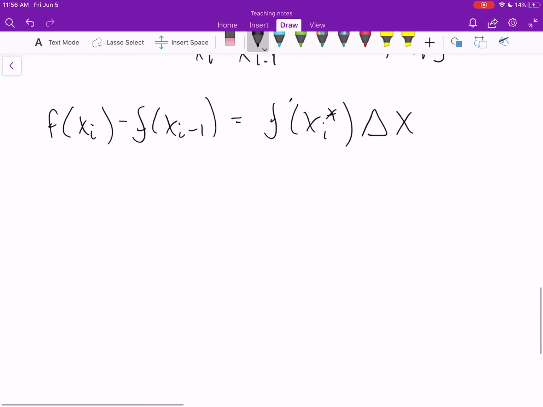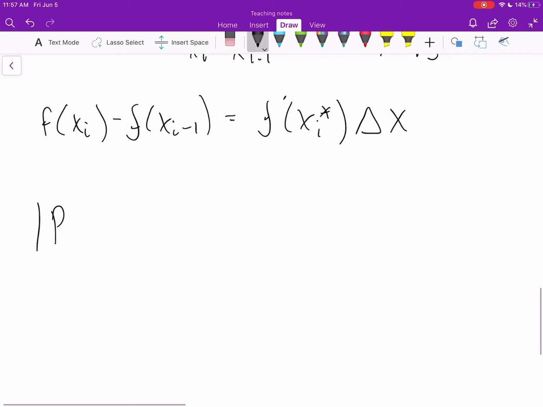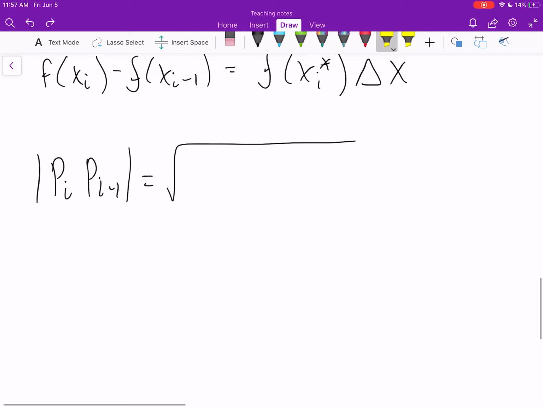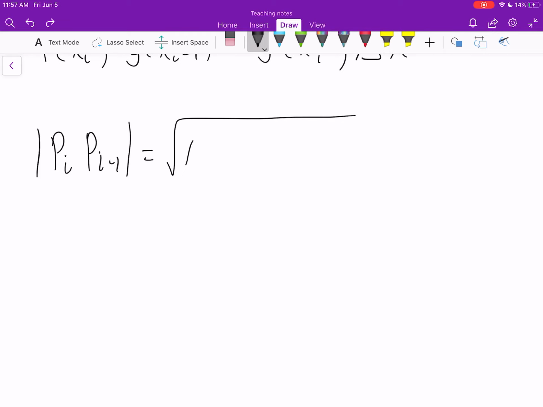So now if I take this and put it back into the length of this line, p sub i minus 1, this is going to be the square root of, so this first term that I've just highlighted is just delta x squared. Again, you can pause the video if I'm moving too quickly.